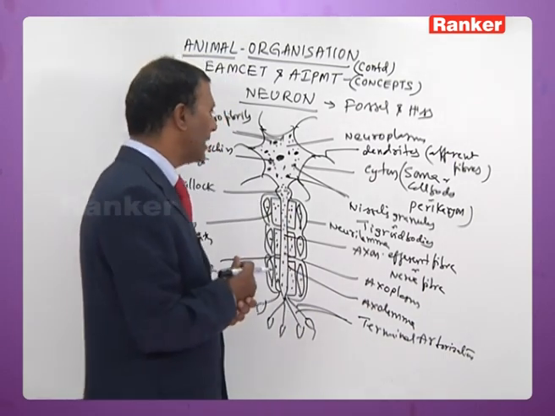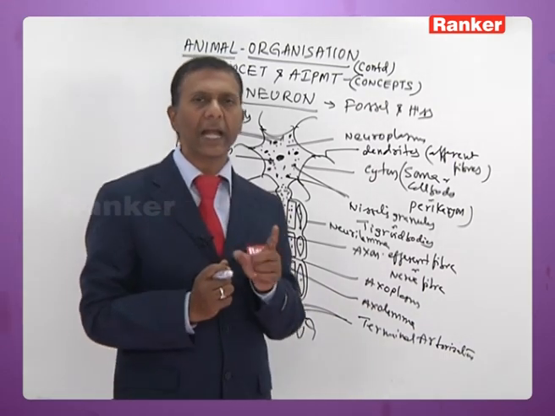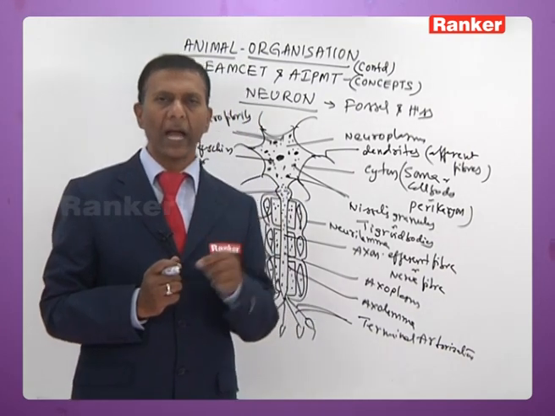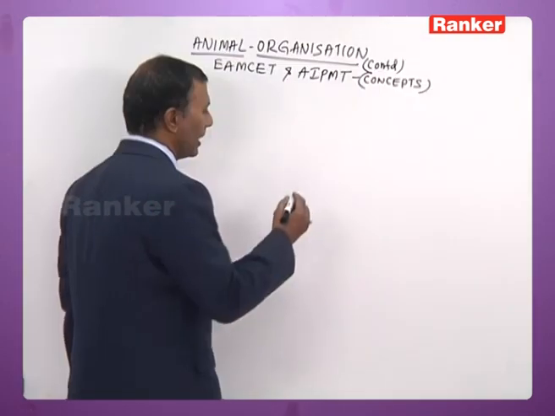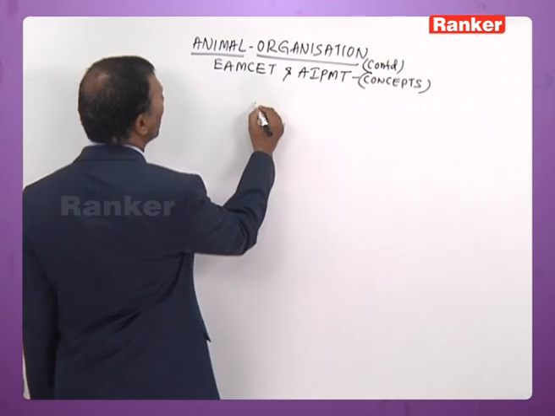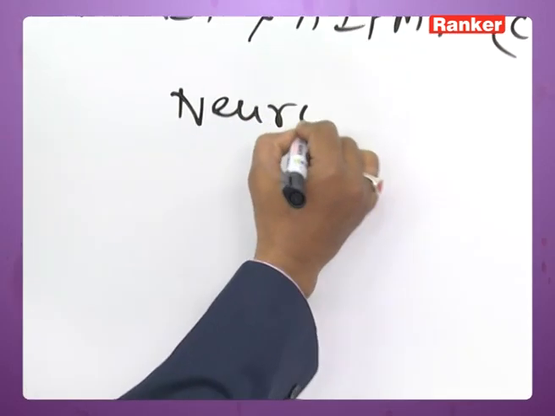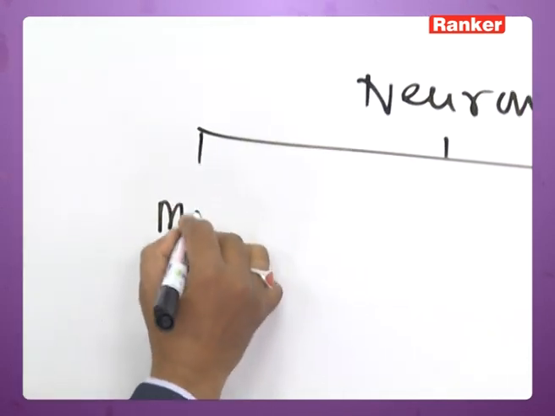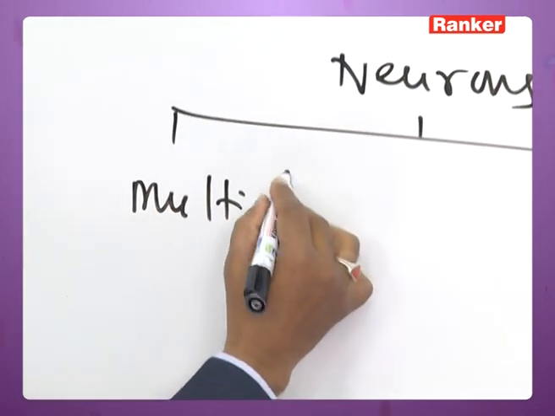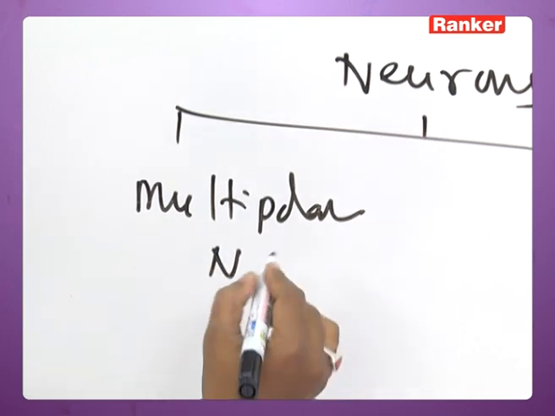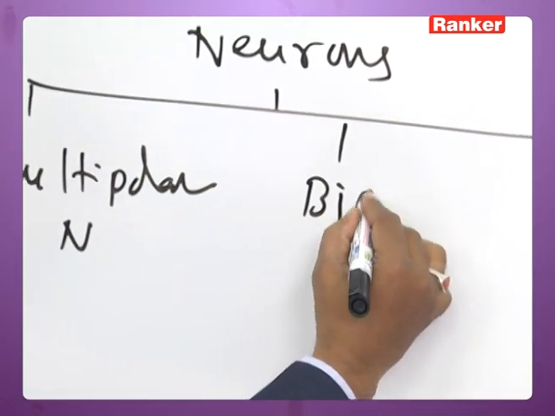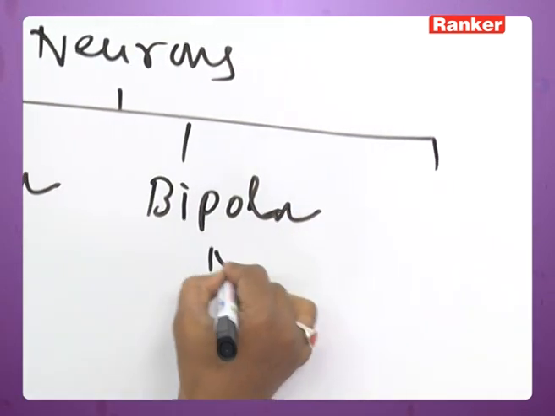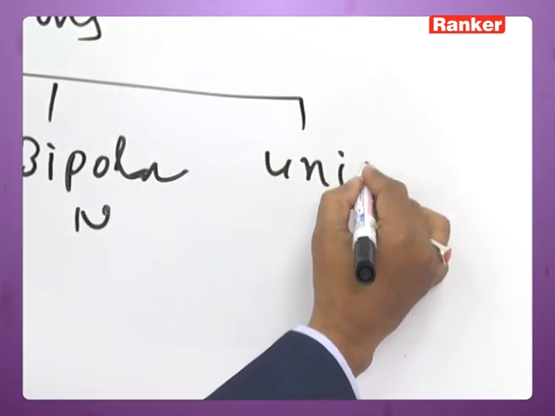On the basis of the structure, you can divide the neurons into 3 types: multipolar neurons, bipolar neurons, unipolar neurons.